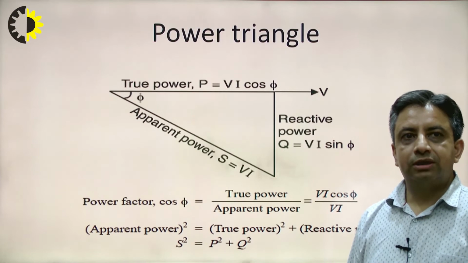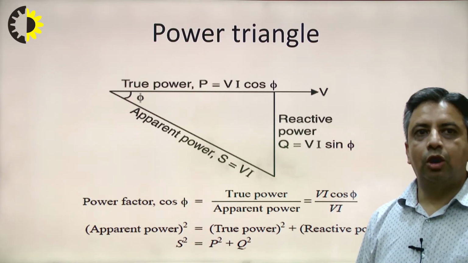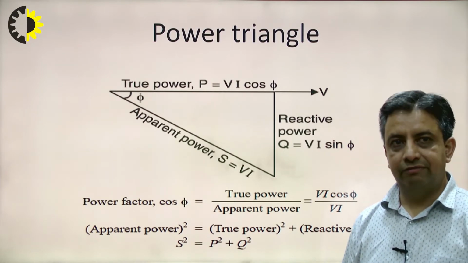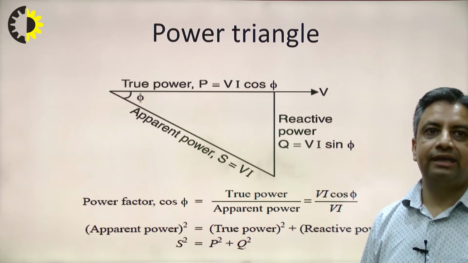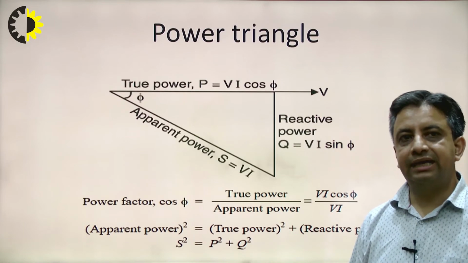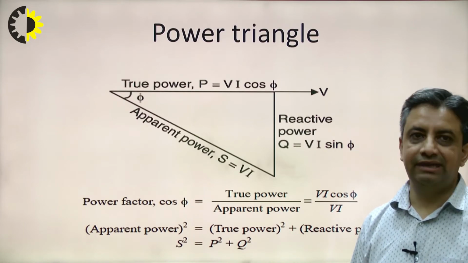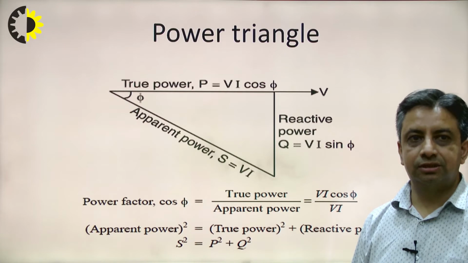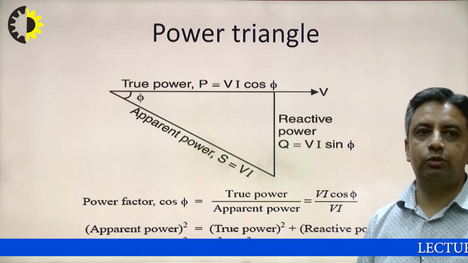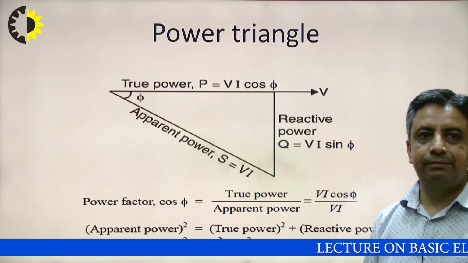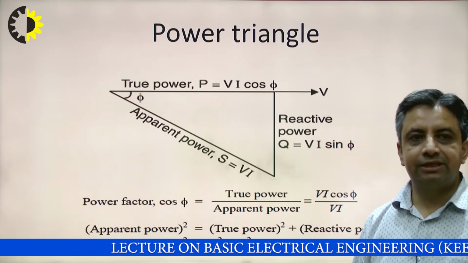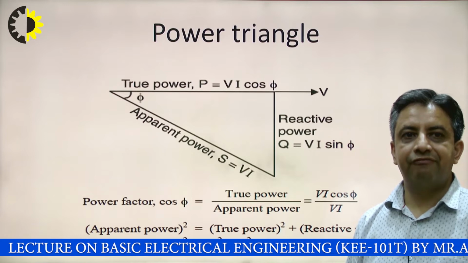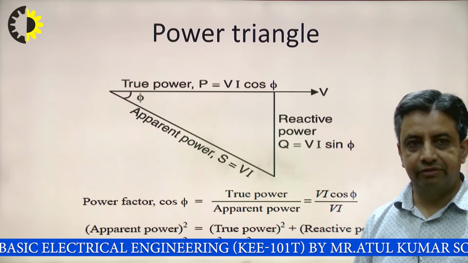Now if we draw the power triangle, on the base we will have the true power, that will be equal to VI cos phi, and in quadrature to that it will be VI sin phi. The phasor sum of these two will again be equal to apparent power, that will be S equal to V into I. From this also we can have one formula to calculate the power factor.